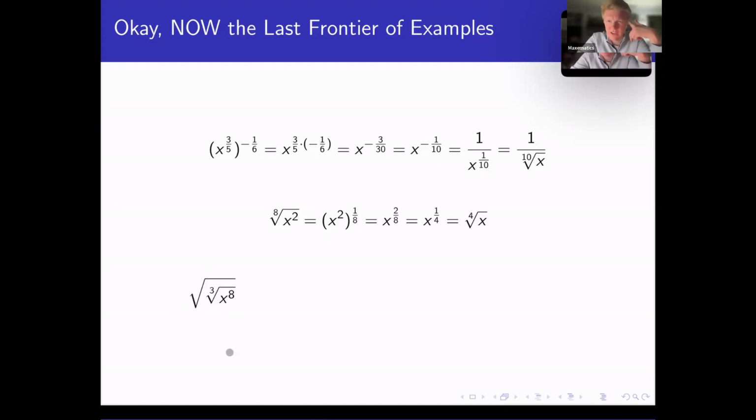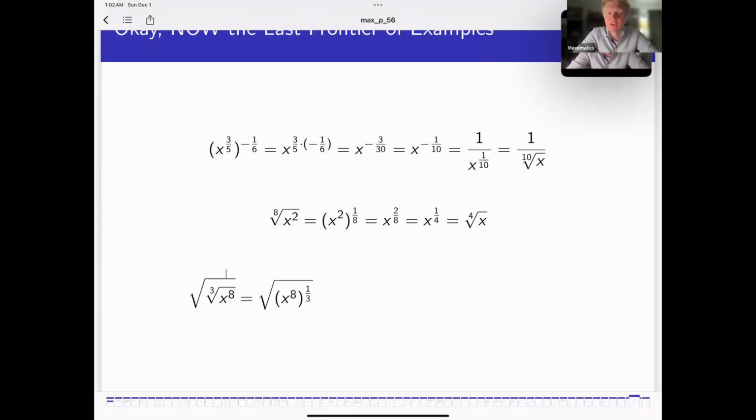Okay. Well, square root of cube root of x to the 8th. You could use that rule we were talking about earlier with root of a root, but let's go a slightly different way to simplify. On the inside, cube root of x to the 8th says x to the 8th to the 1/3.